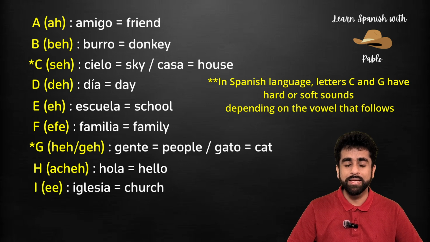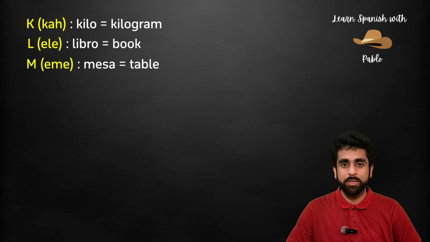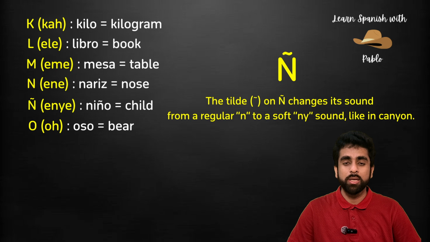I, iglesia. J, jugo. K, kilo. L, libro. M, mesa. N, nariz. Ñ, niño. O, oso.